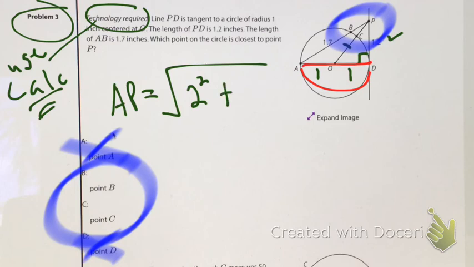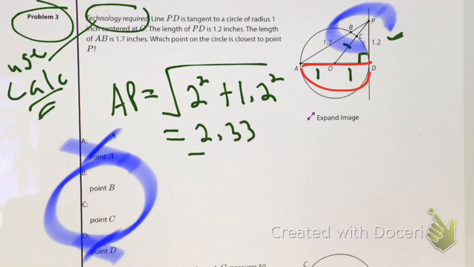plus 1.2 squared over here, because I can see that. Well, let me unhighlight it. There we go. I can see that 1.2 right there, so I'm going to use 1.2 squared. And I'm going to calculator this. I'm just going to run it through and say the square root of 4 plus 1.2 squared. Let's go, 2.33.